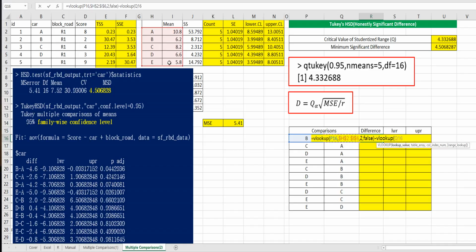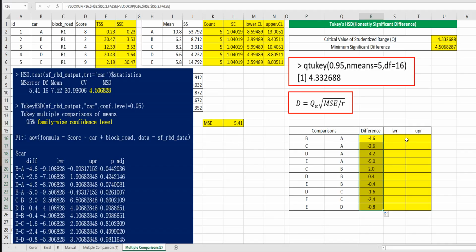The right side of the comparison, and comma, the same table array, press F4, comma 2. Alright.